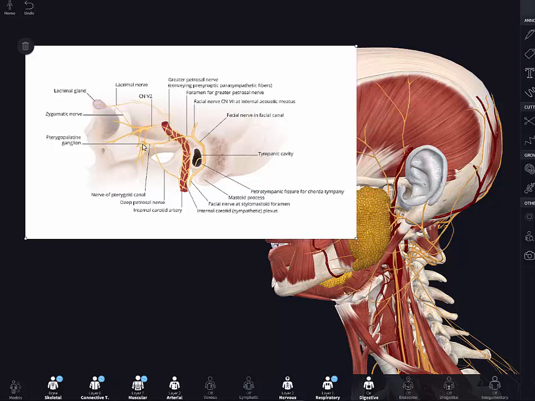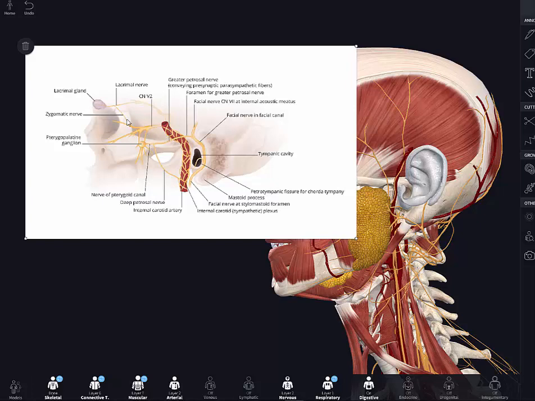This is where parasympathetic fibers that have been coming from the facial nerve via the greater petrosal nerve will synapse. And after they have synapsed, they will hitch a ride on a couple of different branches. I'm not going to dive into the details, but it includes branches of the trigeminal nerve and end up going to the lacrimal gland. So, in a nutshell, the facial nerve is necessary to be able to make tears.